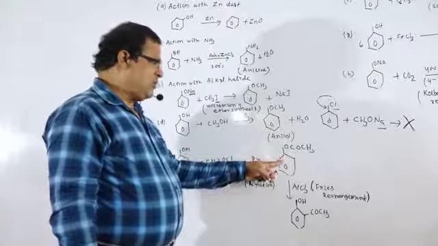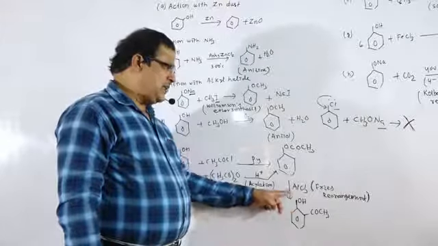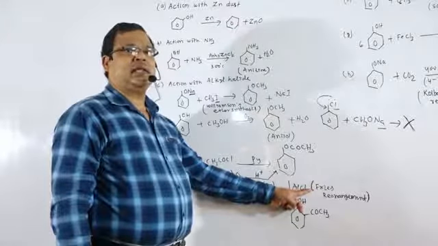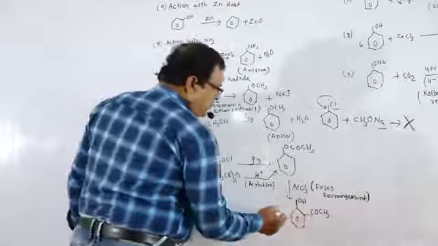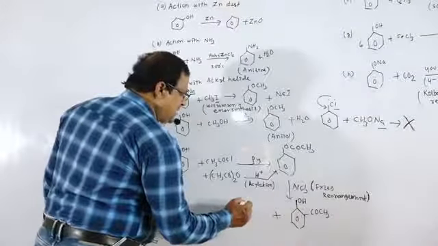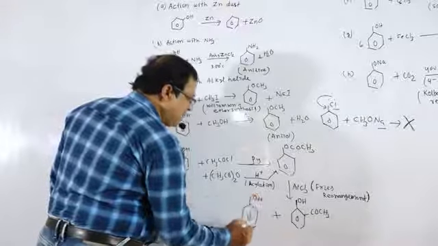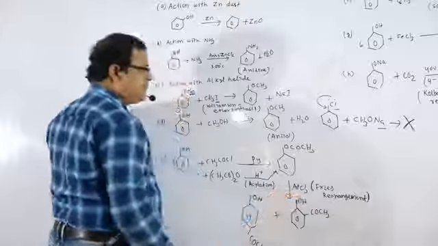This compound undergoes rearrangement in presence of AlCl3, and that rearrangement is known as Fries rearrangement. From this position there is the formation of the ortho product, and also the chance of formation of some para product. This is the ortho product and this is the para product.